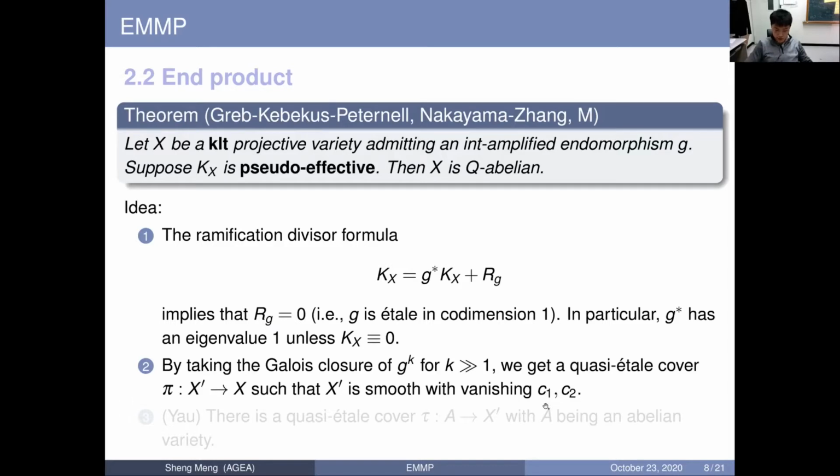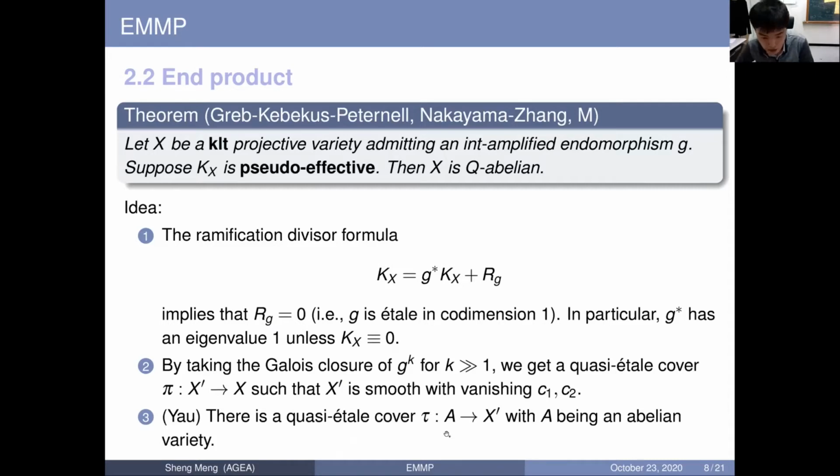And then we apply Yau's result. There is a quasi-étale cover tau from an abelian variety A to X prime. So together, we compose tau and pi, and we see X has a quasi-étale cover A.